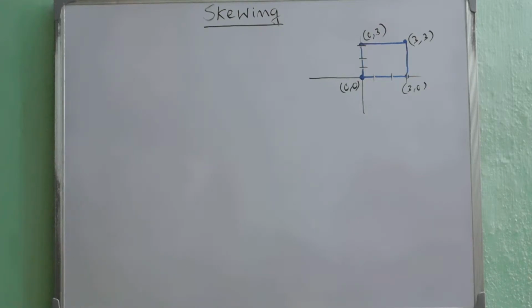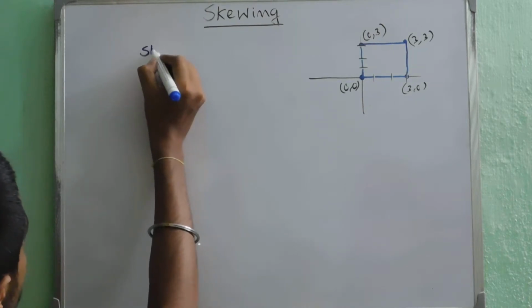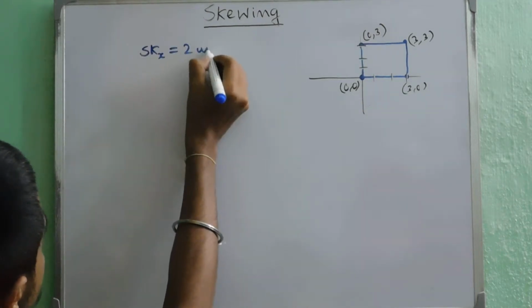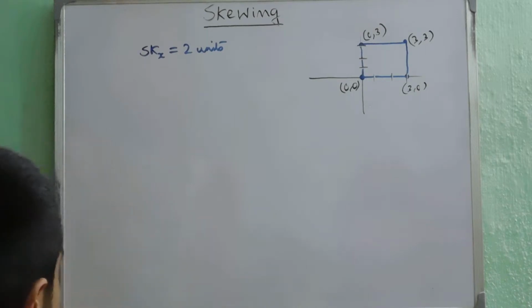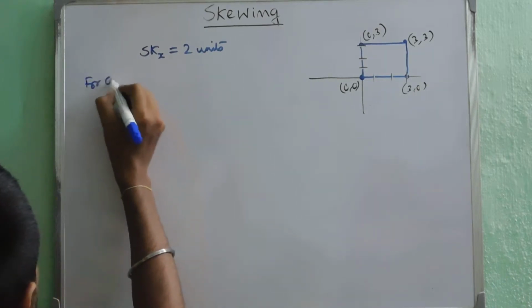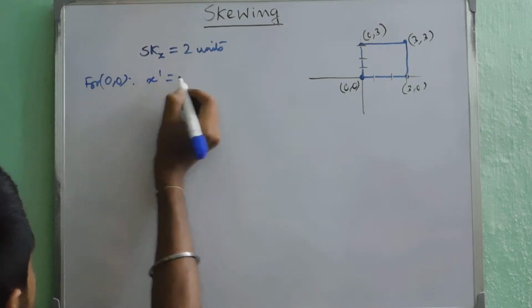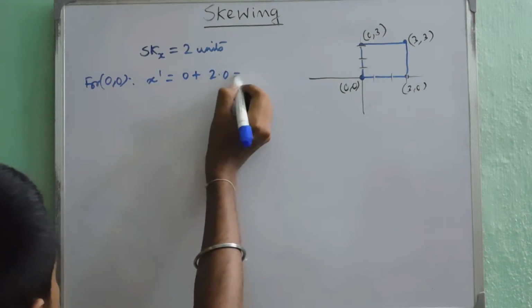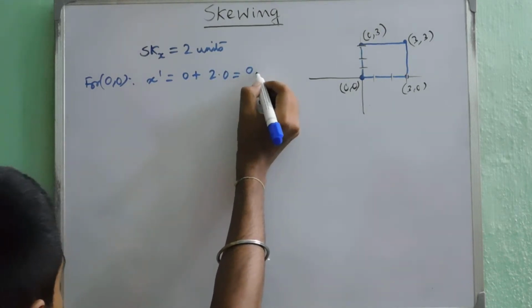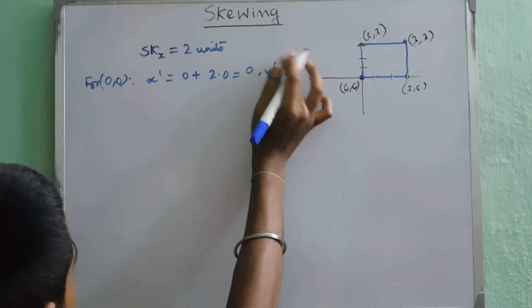First I will be showing you the x skew, that is skewing along the x axis. I have been given the sk x value, that is 2 units. So I have to skew the square along the x axis. For 0, 0, we have x dash equals x, that is 0, plus 2 into 0, that is 0, and y dash is constant, that is 0.